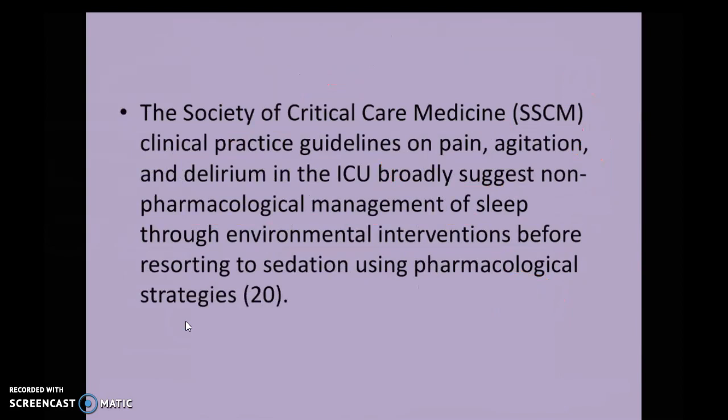Okay. Another example here, the Society of Critical Care Medicine clinical practice guidelines on pain, agitation, and delirium in the ICU broadly suggests non-pharmacological management of sleep through environmental and so on. So it lists the source here. But here, the author, which is an organization, is listed, the Society of Critical Care Medicine, and then what it has, these clinical practice guidelines on pain, agitation, delirium in the ICU broadly suggest.